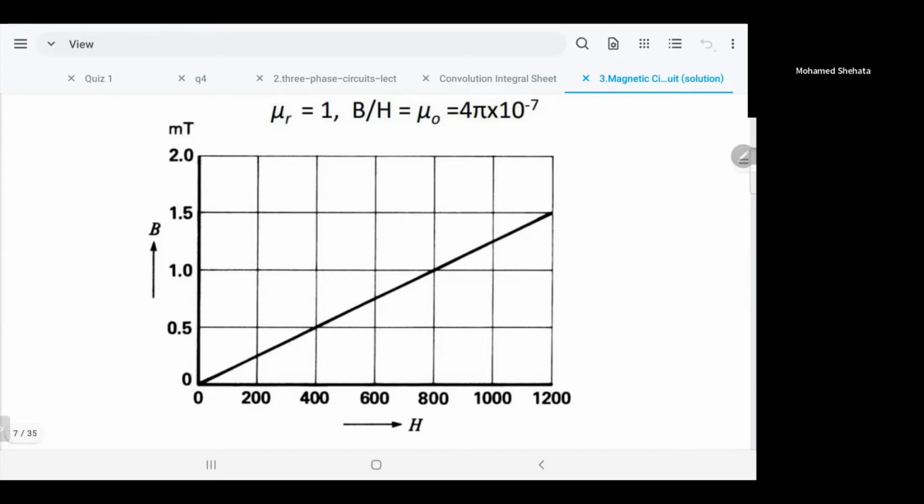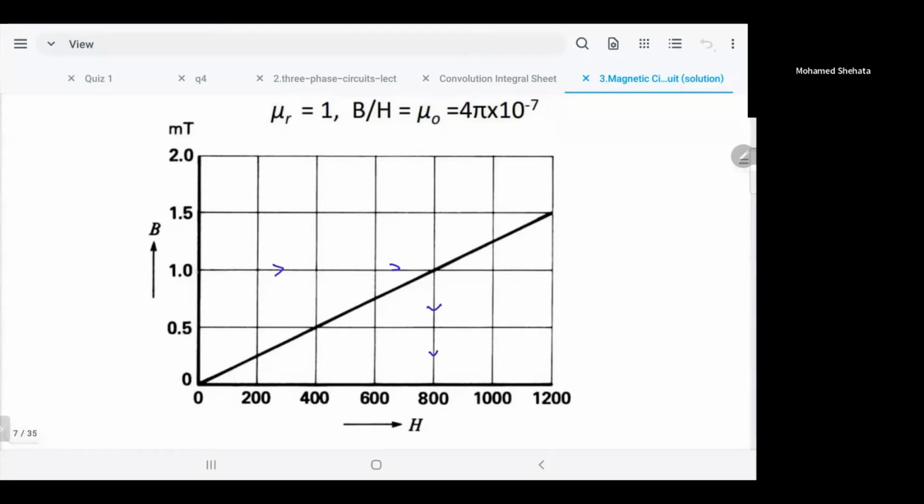So from this curve, if you want to find the corresponding B or H, let's say you want a flux density equal to 1. You go across at 1, and you find H. And when you find H, then you can calculate the suitable amount of current through the coil to produce this H, which will be responsible for producing B, the flux density that you want.